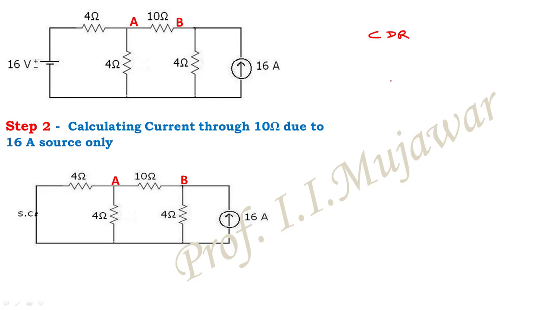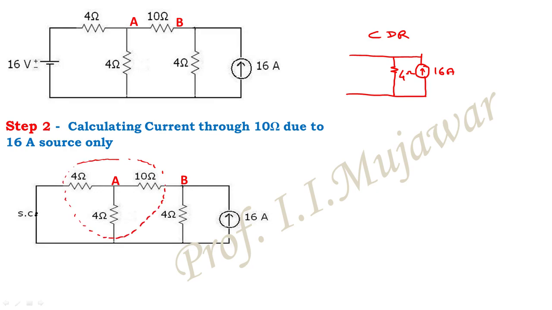See, your circuit is 16 ampere source here, in a upward direction, 16 ampere. Now parallel to this you have a resistance of value 4 ohm, and this remaining circuitry, so this circuit is 4 parallel 4, it is 2, and that 2 is coming in series with 10. That means your circuit is like this one.